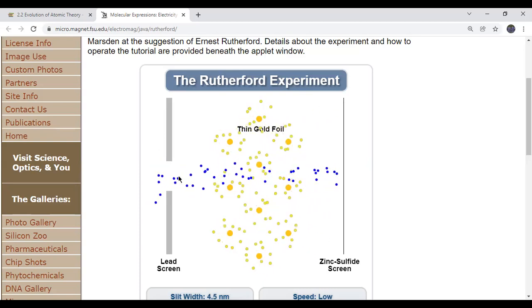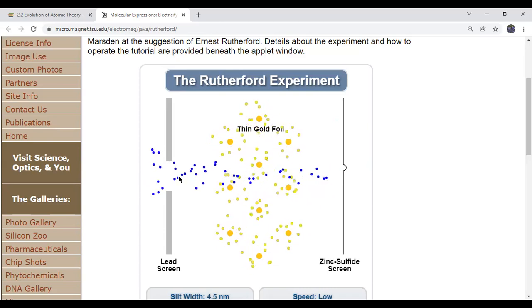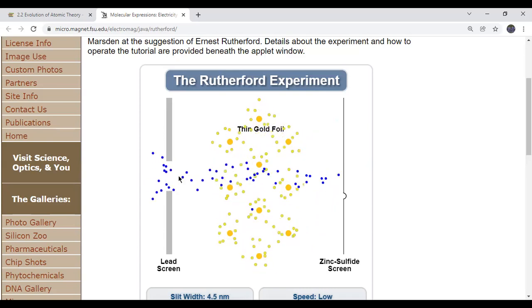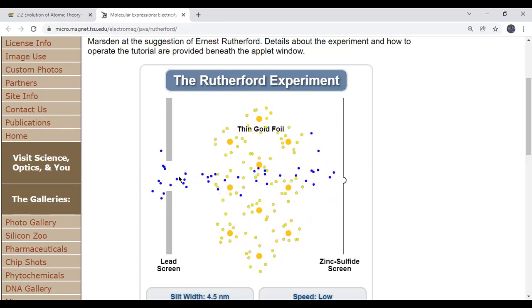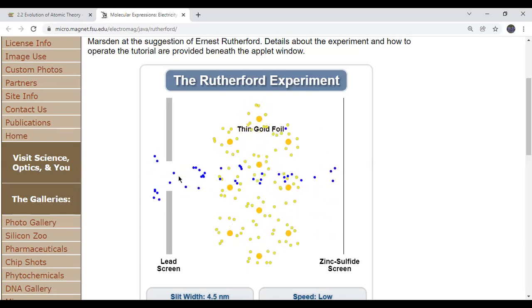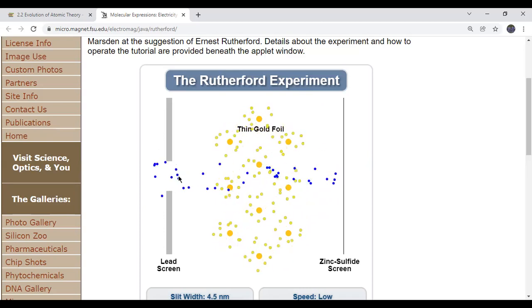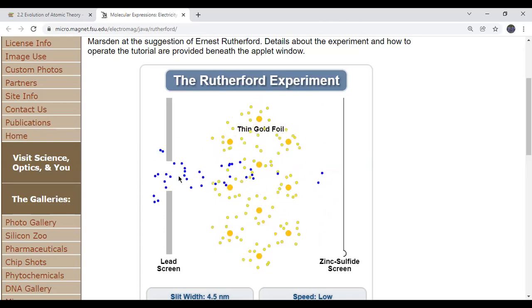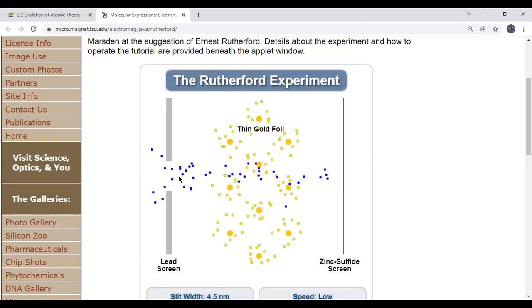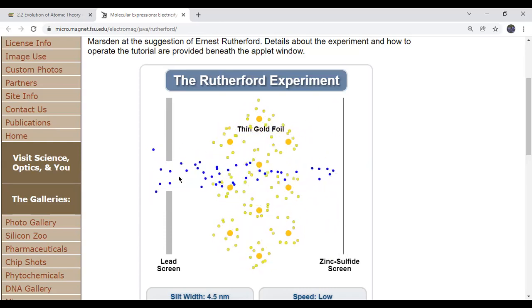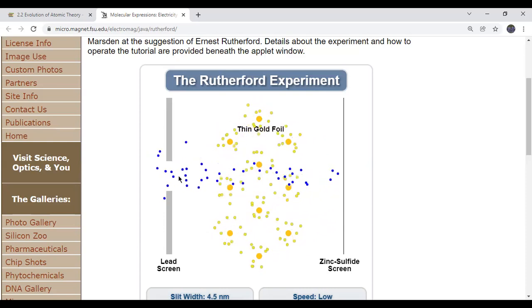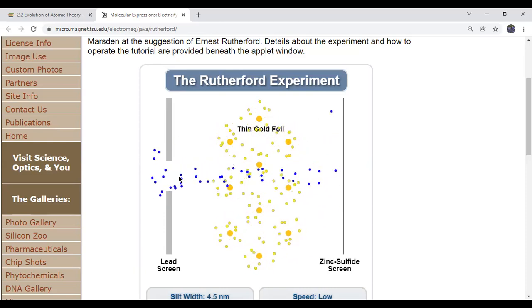But when they hit that nucleus, they get deflected. And so all of this information led to Rutherford being able to determine that the nucleus of the atom is fully positive, that there has to be some heavy particle in the nucleus that was able to deflect these alpha particles, and that heavy particle we later termed to be a proton.